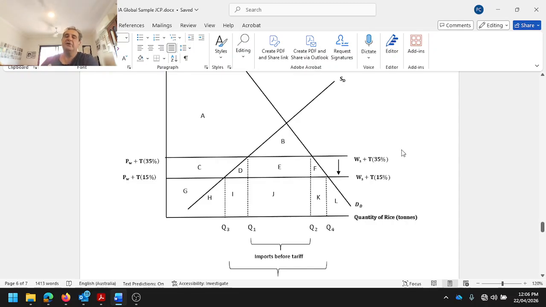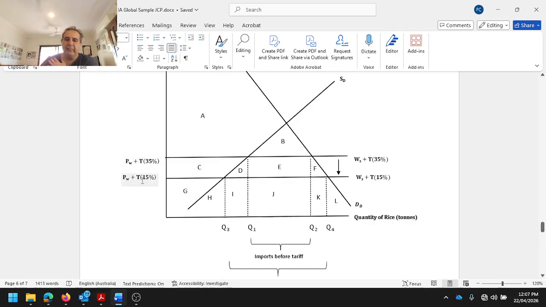In this case, the change was from 35% to 15%. There is absolutely no need whatsoever to talk about the situation of free trade, no trade, whatever. I know that's how we start teaching it to you, but the IA is about the reduction in the tariff from 35 to 15%. That's all you need to do.